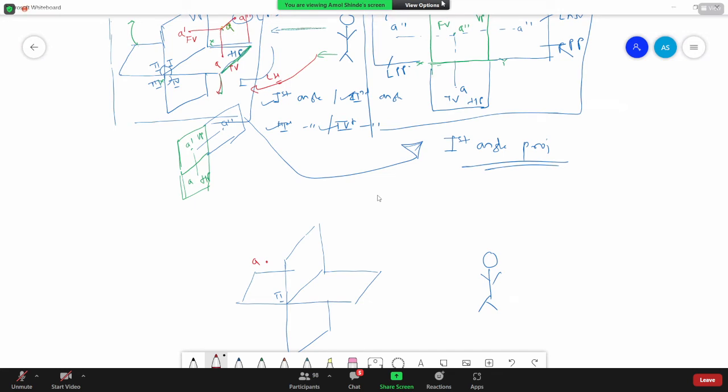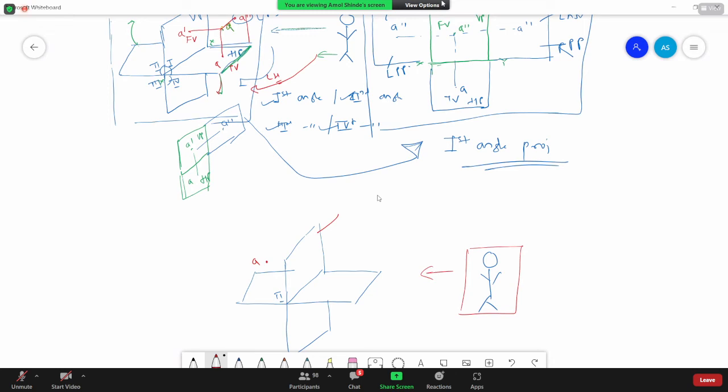Okay, suppose I want to see this particular point. तो ये जो plane है should be transparent or opaque? अगर मुझे point A को देखना है from this observer's point of view, transparent. So it must be transparent.